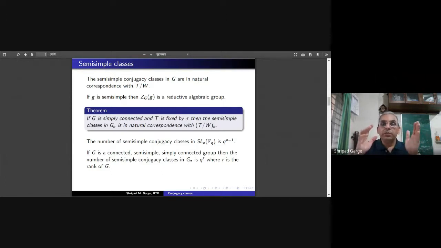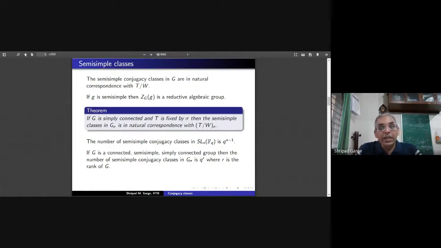So whenever you have a class which is invariant under the action of sigma, there is a result which I mentioned in the last lecture, that such a class contains an element which is fixed by sigma. So if you have a class capital C which is invariant under the action of sigma, that means sigma takes C to C, then C contains an element X with the property that sigma of X is X. So this X becomes an element in G^sigma then.